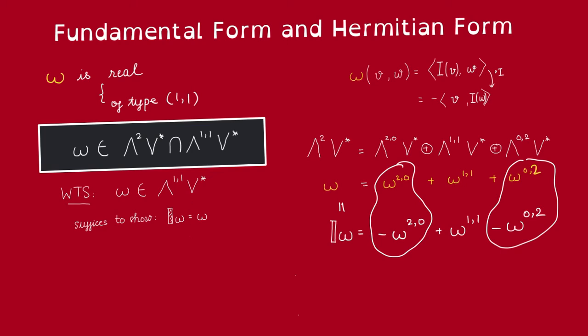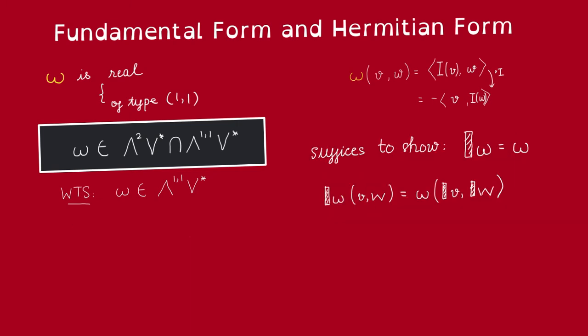Alright, so let us show that I omega is actually equal to omega. Let's apply I omega to some pair of vectors, V and W. Then we have established in the previous video that this is just equal to omega applied to I of V and I of W. But the boldface I applied to V is just I of V, where this I here was the almost complex structure on our vector space, because remember, this boldface I was just the multiplicative extension of this I. And now this, by definition of omega, is just the scalar product of IV with IW.